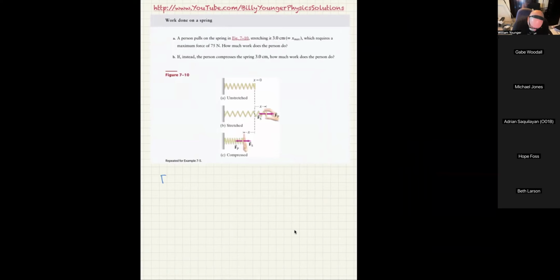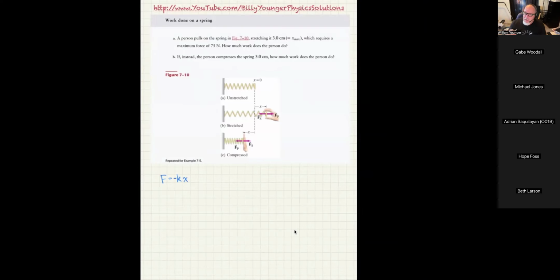Hooke's Law says that when you apply a force, F, on a spring or a solid object, stretching it or compressing it, the length of that object will change by an amount x, and that's given by k times x. But the weird thing is the force will always point in the opposite direction of the stretch.